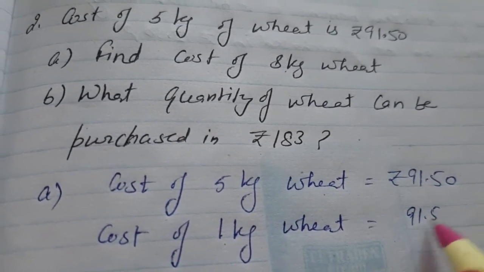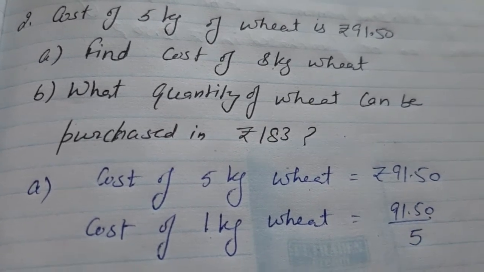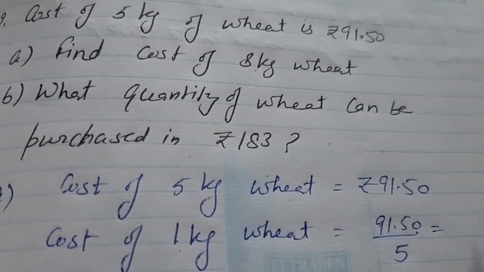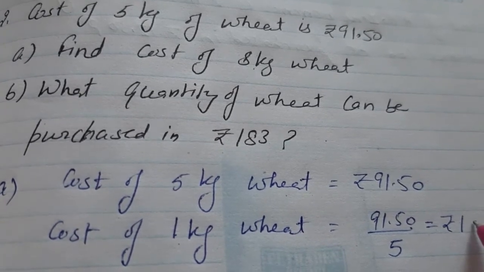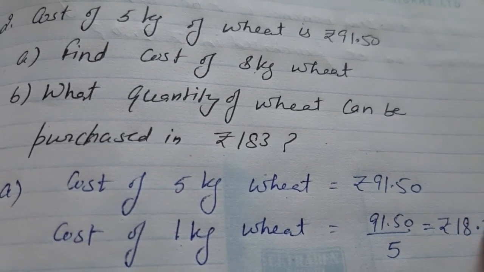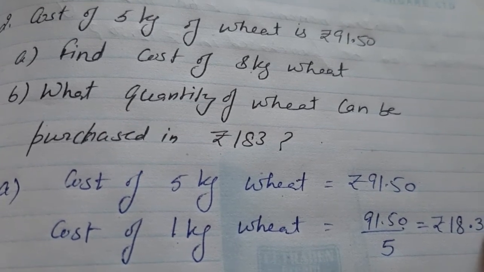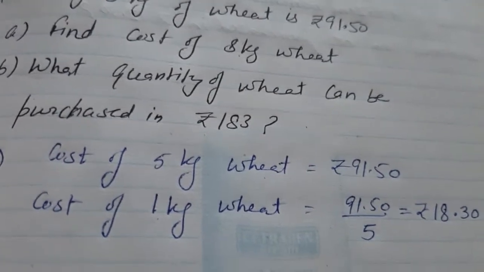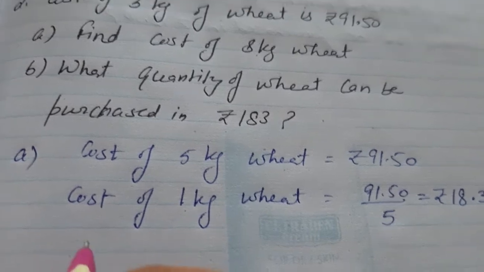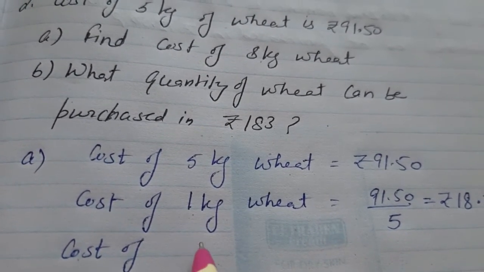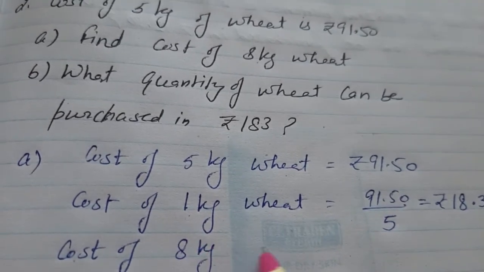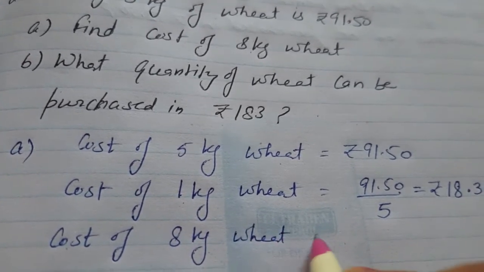That can be found by dividing it by 5. So we will divide it and we will get 5 1s are 5, 5 8s are 40, 5 3s are 15 and 5 zeros are 0. Rupees 18.30.